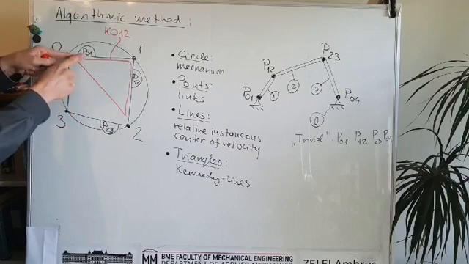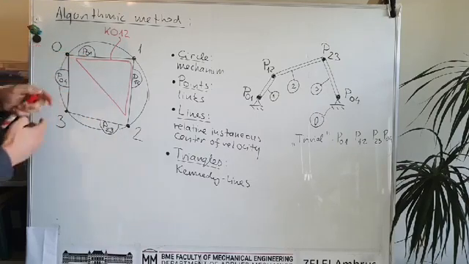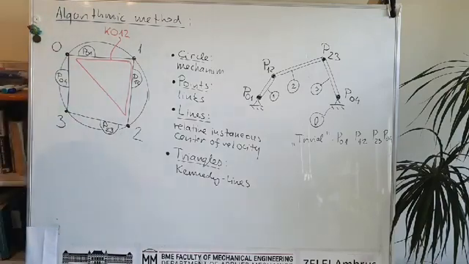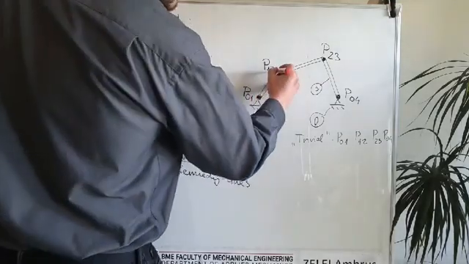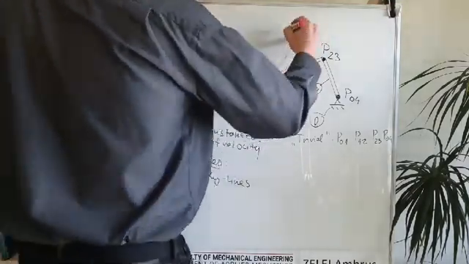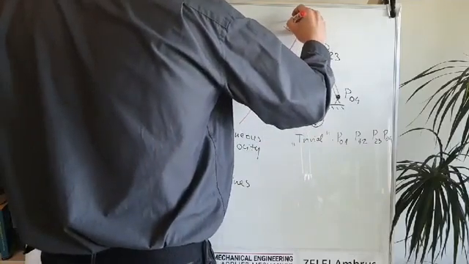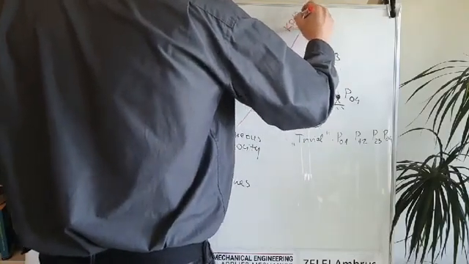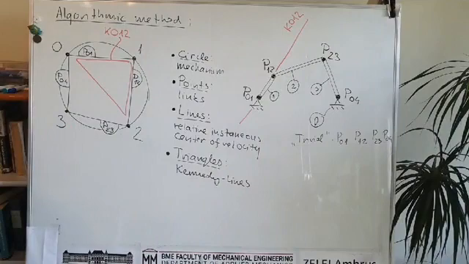So here P10 is already known, P12 is already known, so I am able to draw the corresponding Kennedy line, which is here. This is Kennedy line 0, 1 and 2.